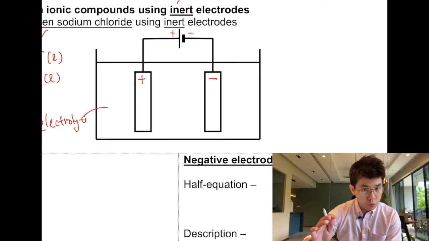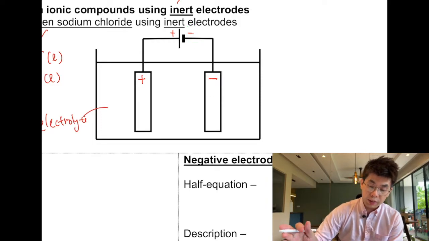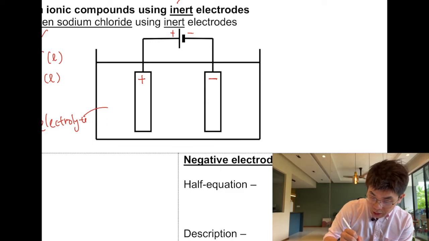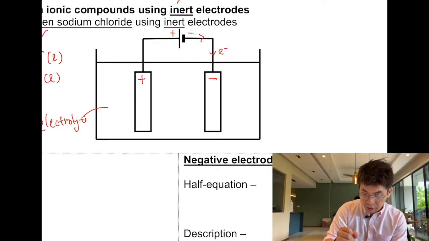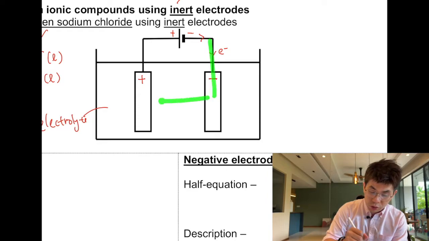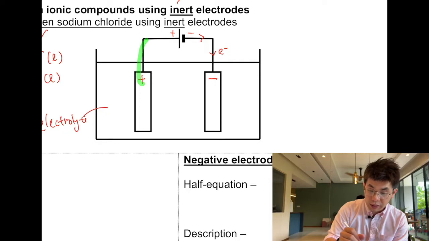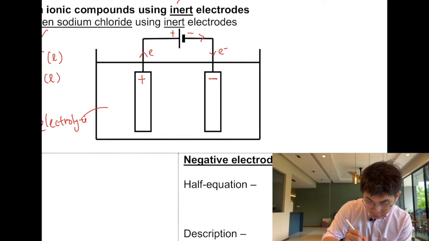Now, you might not remember this from lower sec science, but from a battery, the electrons will come from the negative side. It will enter the electrode, and then it will go across, and then from the positive, electrons will go up again.